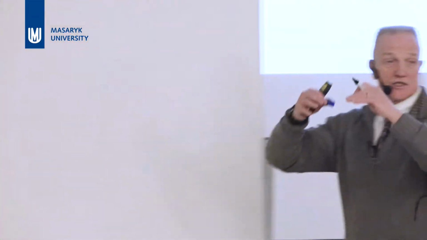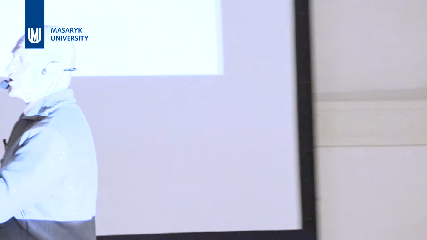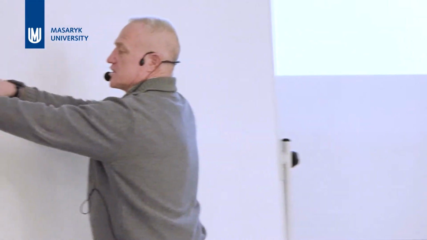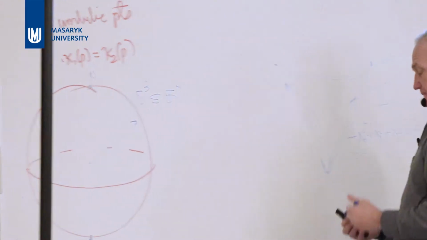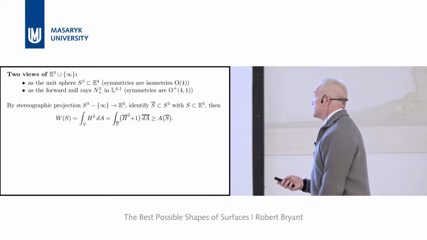This is the picture that you get when you think of scaling. When you look at what scaling does in Euclidean space, when you complete it to infinity, it fixes the origin and the North Pole, but it just slides the spheres up and down and preserves the conformal structure. And we're going to need that fact in a few minutes.